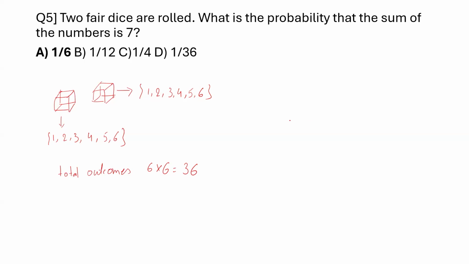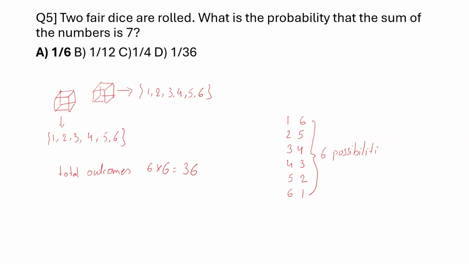So what are the combinations which will sum to 7? 1 with 6, right? 1 plus 6 is 7, 2 and 5, 3 and 4. Then 4, 3, 5, 2, 6 and 1. These are the possibilities. So total 6 possibilities.